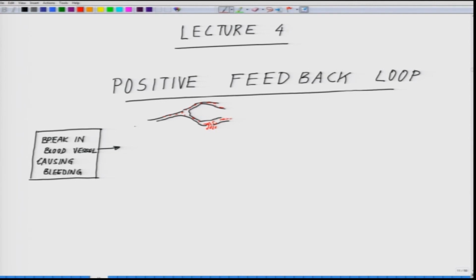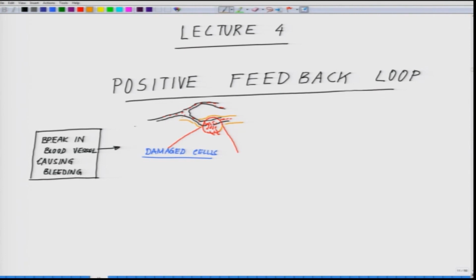Now as soon as the blood started oozing out from this location, this part is the damaged tissue we are talking about. This location is your damaged tissue or damaged blood vessels, as well as the surrounding tissues. Surrounding tissues means all this location, these are all surrounding zones. What I am drawing is in the orange color.